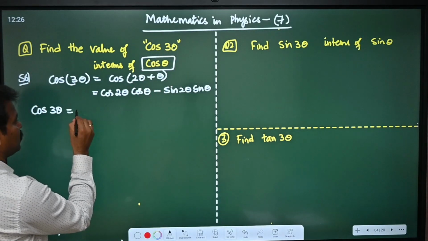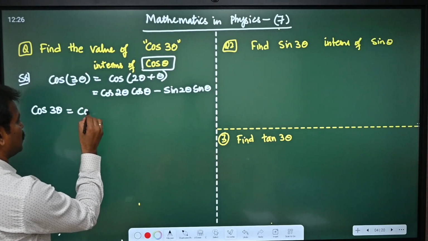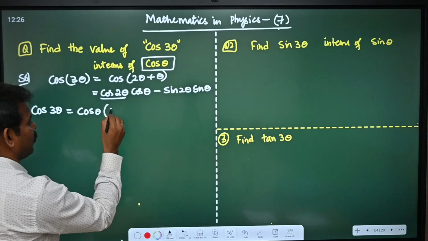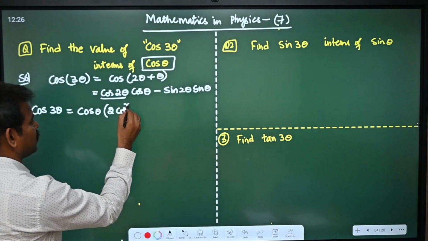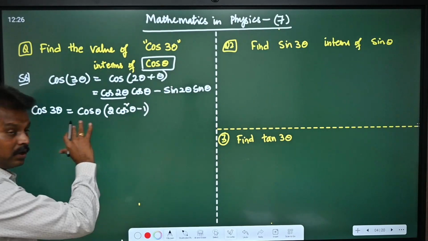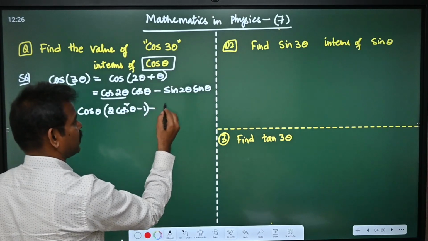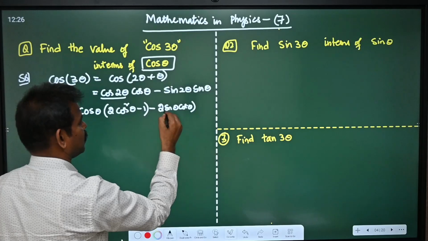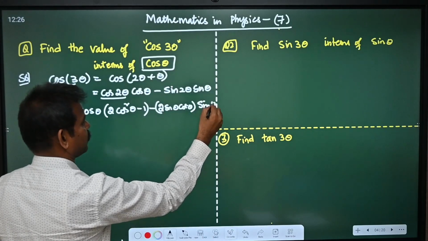So cos 3 theta can be written as cos theta into cos 2 theta in terms of cos theta, 2 cos square theta minus 1, only in cos theta, minus sin 2 theta, which will be 2 sin theta cos theta, into sin theta.